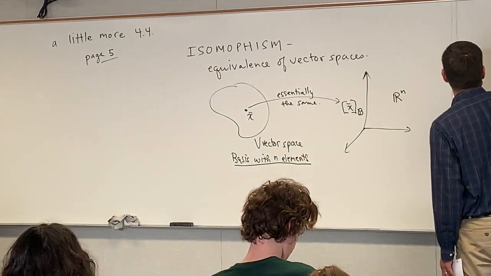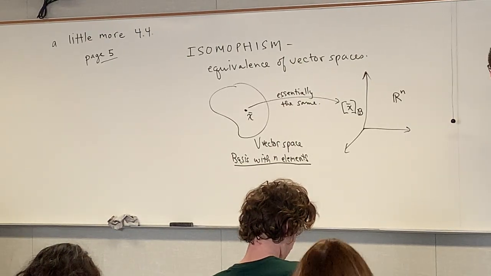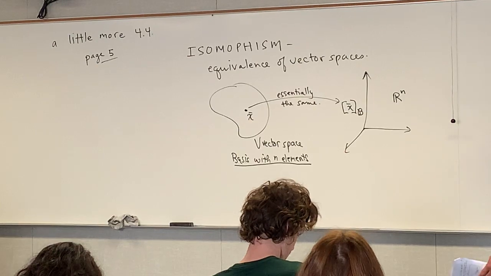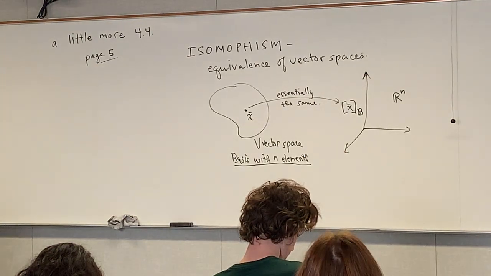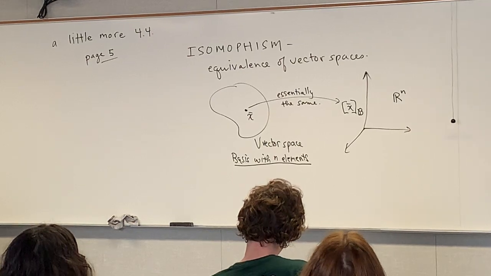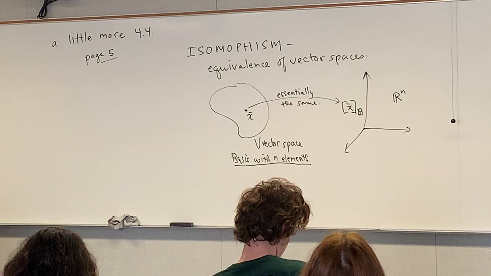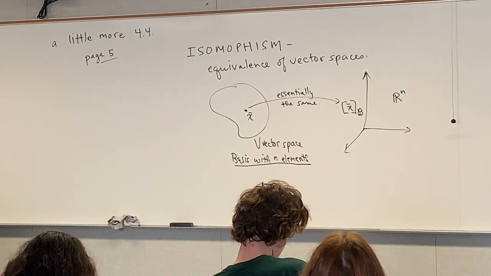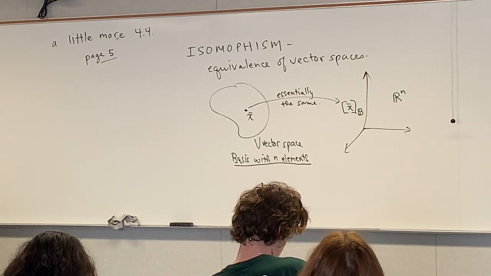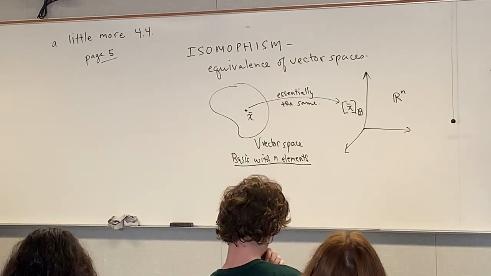The example I put on the handout is as a vector space, P5, now I just chose a value at random here, I could have picked any Pn, is isomorphic to R6, actually. Now, P5, what are the elements of P5?